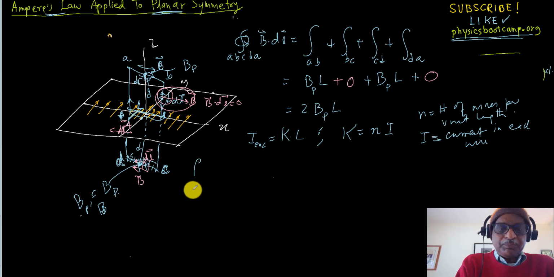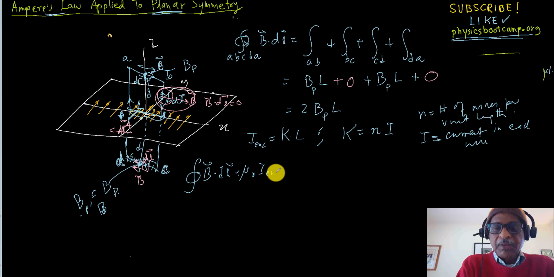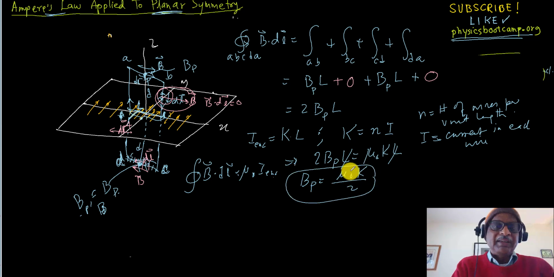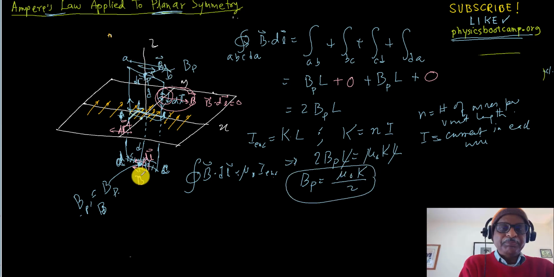Using Ampere's law, the integral of B dot dl equals mu 0 times I enclosed, we get 2 times B_P L equals mu 0 K L, and the L cancels out, so B_P equals mu 0 K over 2, and the direction is this way above the plane and opposite below. So the direction is as in the picture.